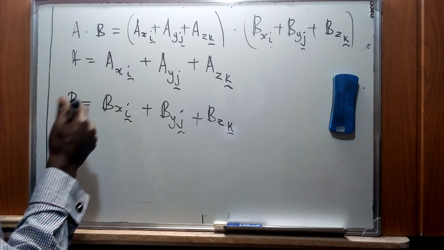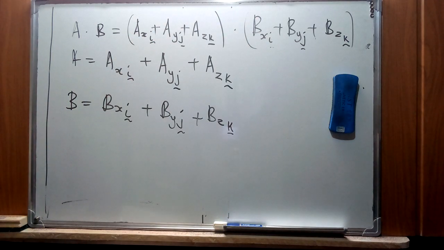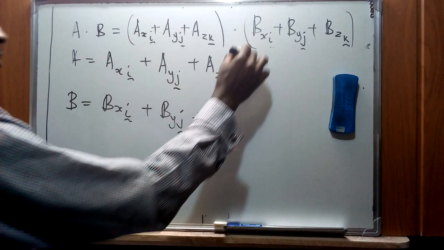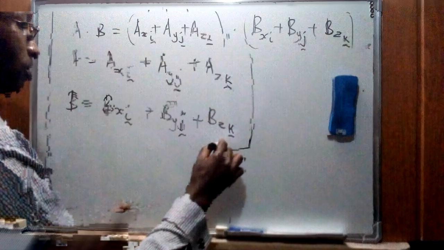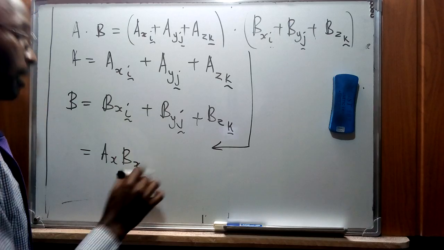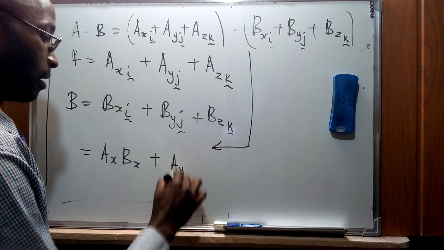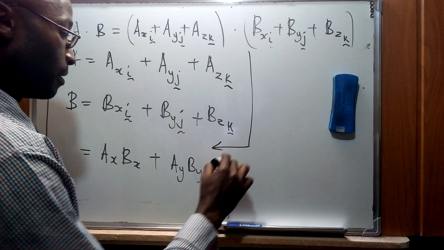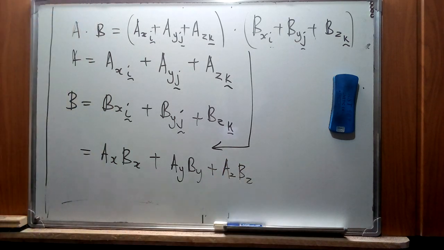So for the first one, we multiply the first component with the first from the second one. The product for this is going to be Ax Bx, now that the i component has disappeared, plus Ay By plus Az Bz. So that is going to give us the dot product of those two specific vectors.